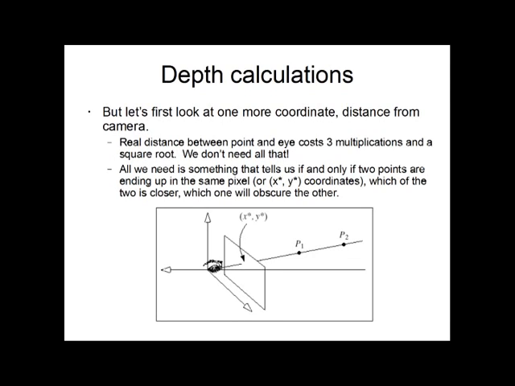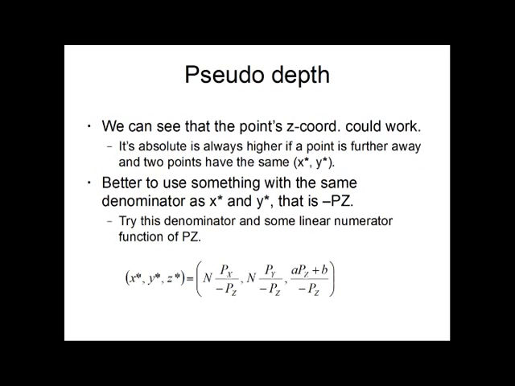So that would be usable. But we have one more criteria, and that is that in order to do everything in a single matrix multiplication, it's going to be simpler for us to do it if we can have the same denominator on all of the coordinates.